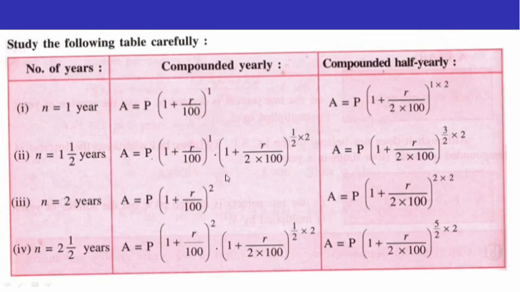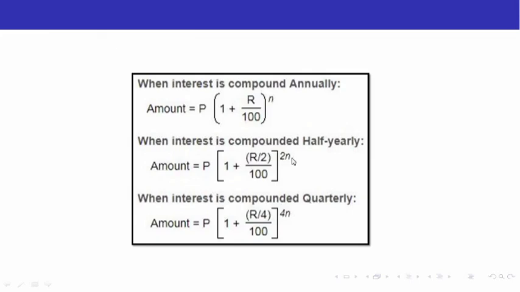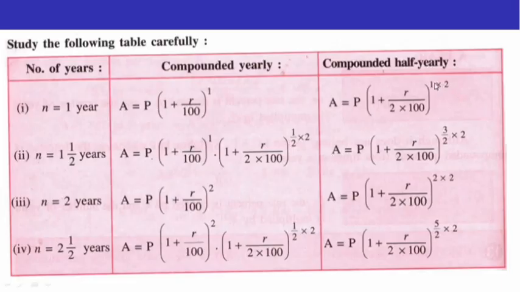So this was all about the rate being compounded yearly. Now if the rate is compounded half yearly, then your job is easy, because the formula says it will be 2 into n, where n stands for number of years, right? So in the first case, n is 1, so it becomes 2 into 1. In this case, n equals 1.5, which is 3 by 2, so in place of n we'll write 3 by 2.